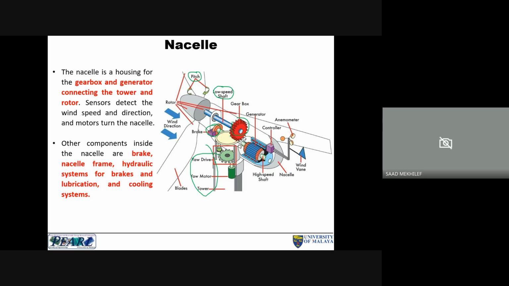So the gearbox leads to the high speed shaft here, and then the high speed shaft is connected to the generator, and then the generator is connected to the transformers and to the rectifiers, and then from the rectifiers goes to the inverters and then to the transformers.